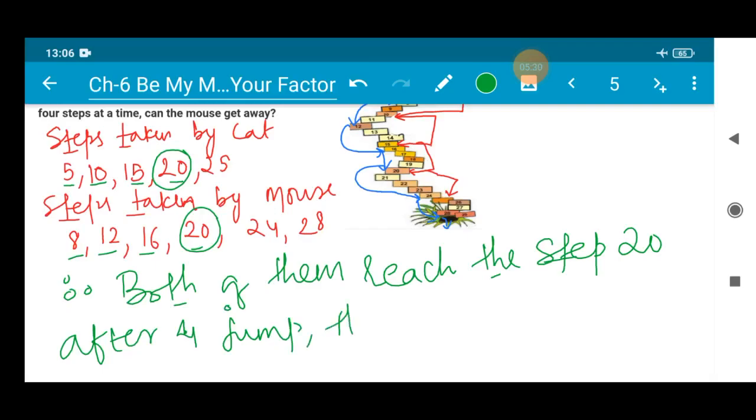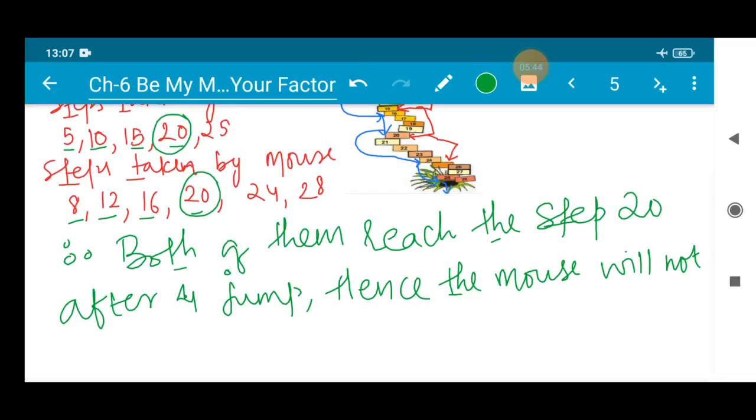So hence we can write, hence the mouse will not get away. That means the mouse is trapped now, right? At what step? At the 20th step. At the 20th step, the mouse is trapped now.